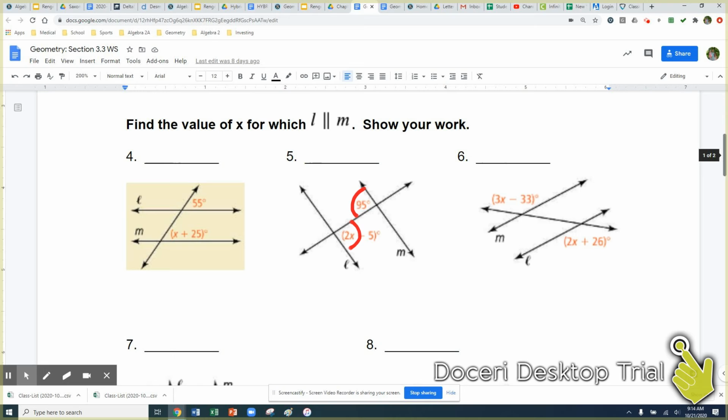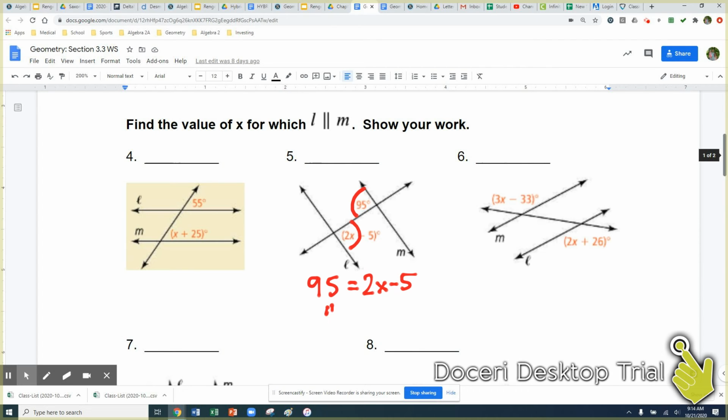So I have to identify what type of angles I'm dealing with. These are the two lines that are possibly parallel. These two angles are inside, and then I have to look: are they on the same side of the transversal, or are they on opposite sides? They're on opposite sides, so we're dealing with alternate interior angles. And for alternate interior angles, we want to make those congruent. So 95 equals 2x minus 5.